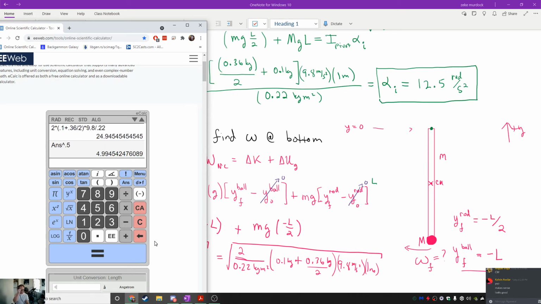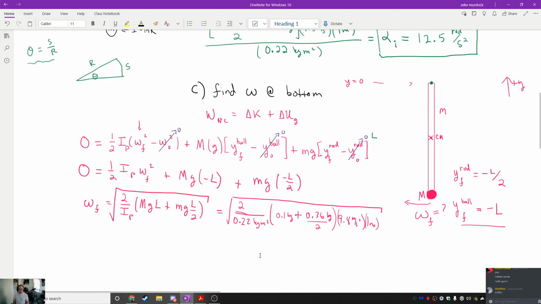Five. You get the same answer. I'm pretty sure that's the right answer. Kind of reminds me of what I've gotten in the past. So we're going to call it 5. So omega final is 5. Again, radians per second.